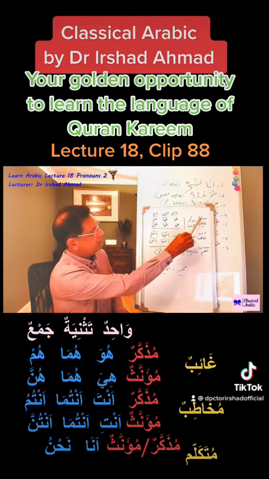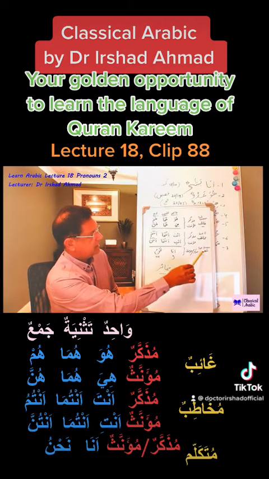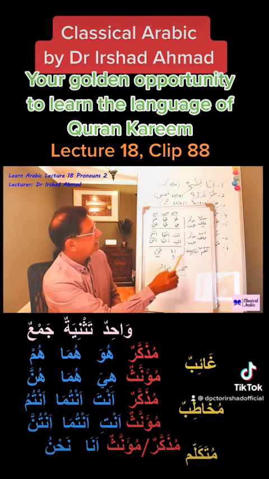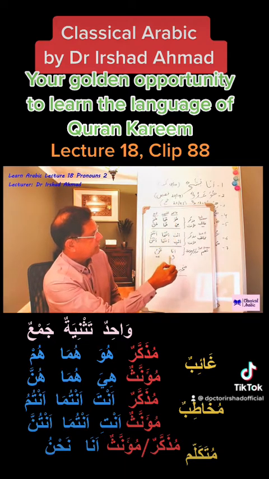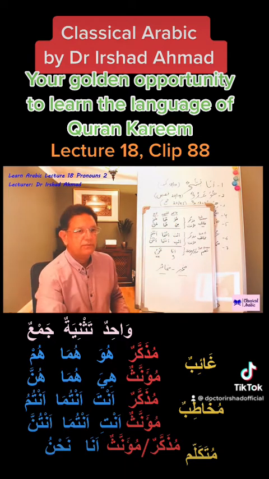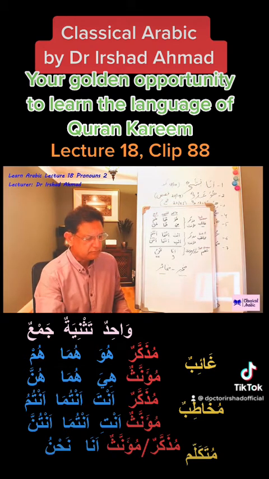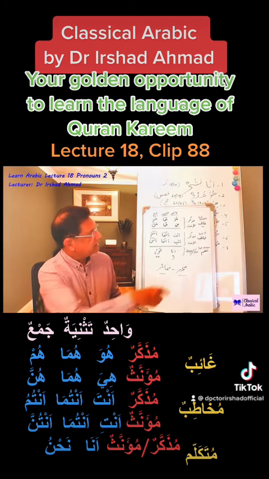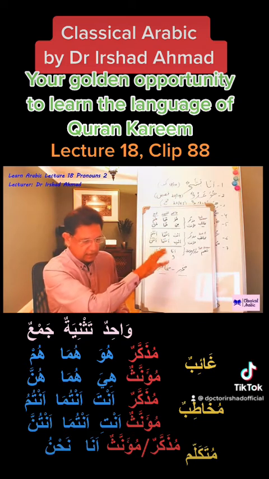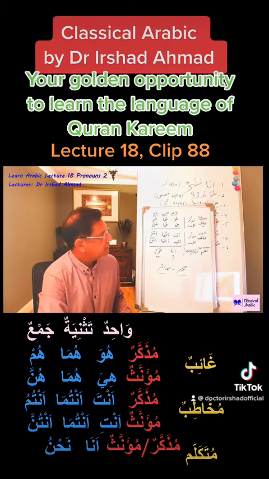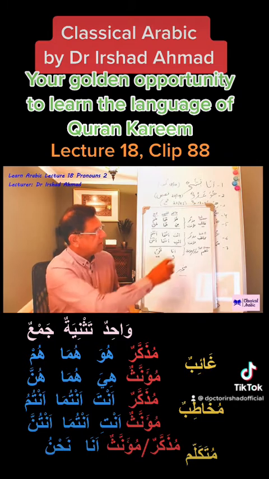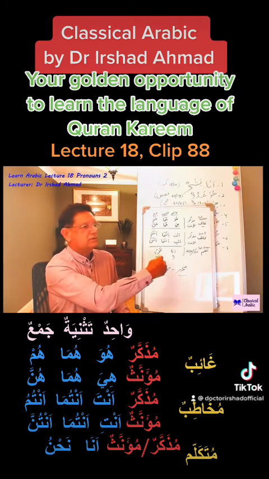So we've got third person, second person, and first person damair. We have six here, and 2 in the first person, so total of 14. Now this chart, this paradigm, or this sketch, whatever you want to call it, is very, very important because we are going to conjugate verbs on this pattern as well.